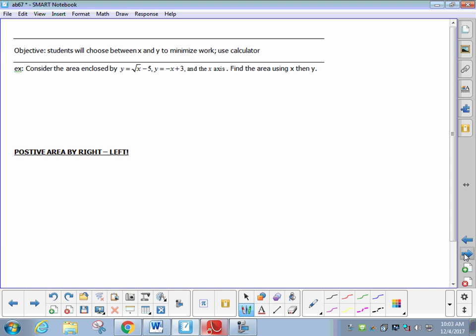So say you were looking at the region of the square root graph shifted down 5. Actually, that's not what I wanted.